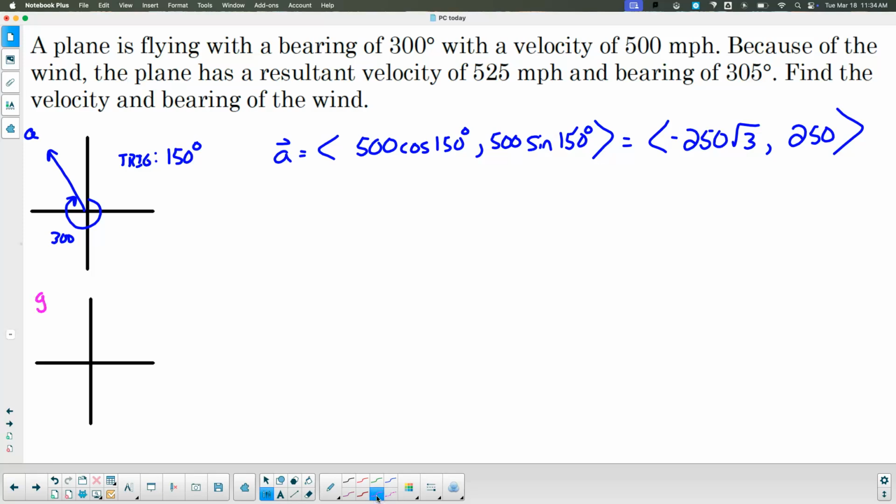The other one that's given to us is G. G has a 305 degree bearing, which would make my trig angle be 145 degrees.